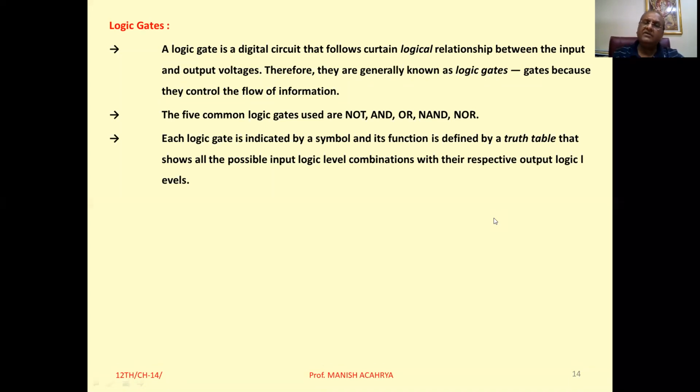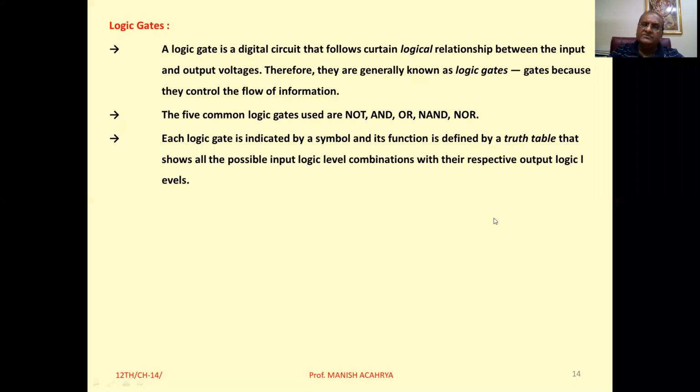They are generally known as logic gates because gates control the flow of information. Therefore they are termed as logic gates. It also follows some logical relationships and it controls the information, or we can say the flow of information.